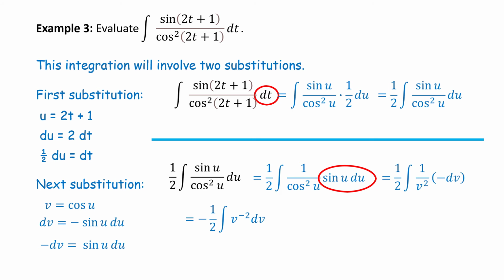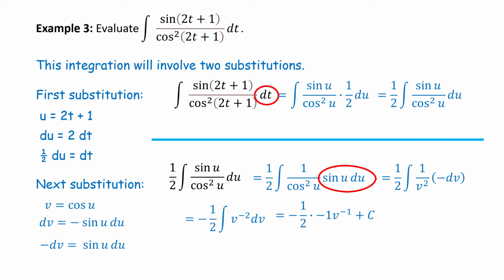Using the power rule for integration, we will integrate v to the minus 2. The negative 1/2 constant stays put. Remember, for the power rule for integration, you add 1. We had v to the minus 2. Add 1 to the negative 2, that'll give you negative 1. V to the negative 1, then 1 divided by 1 plus negative 2, that's negative 1.